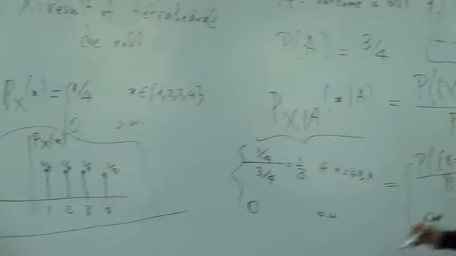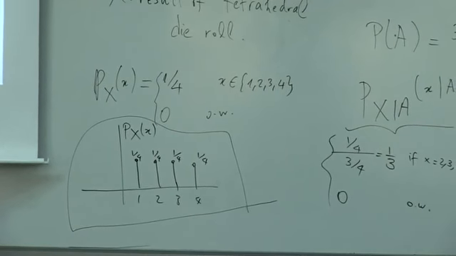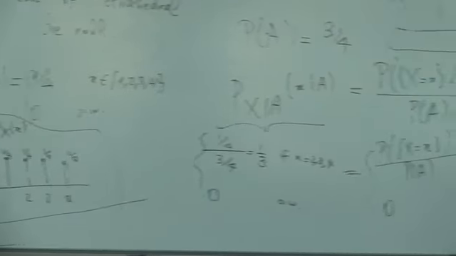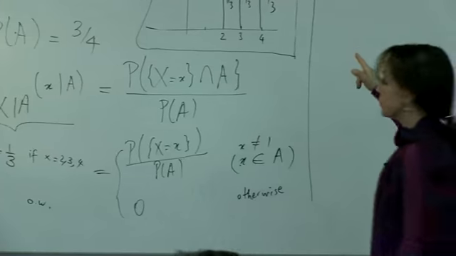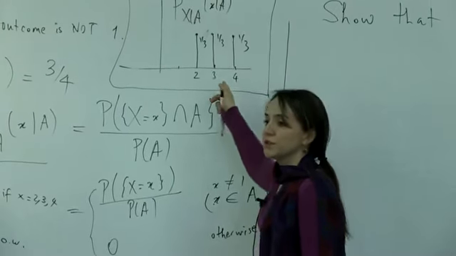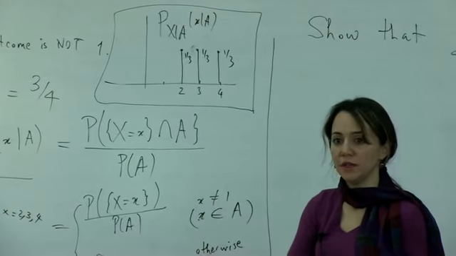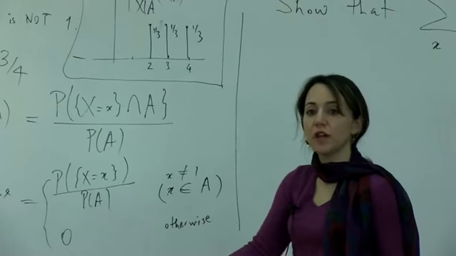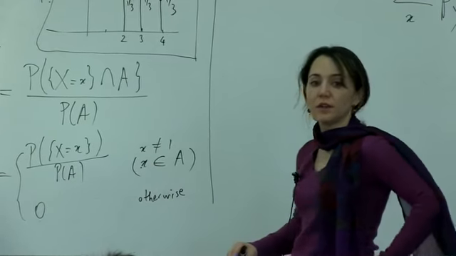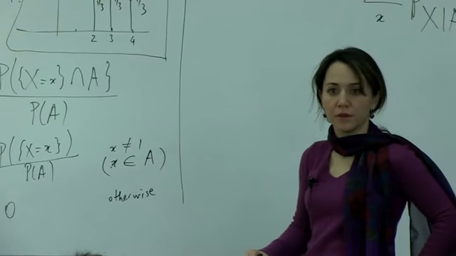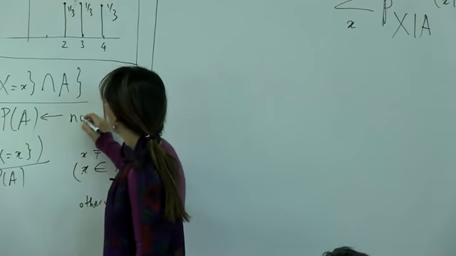I claim that the original PMF has just been limited to consist only of the values included in the event A, and the values have been renormalized so that the PMF will be a legitimate PMF. So what this thing is doing in the denominator is normalizing.